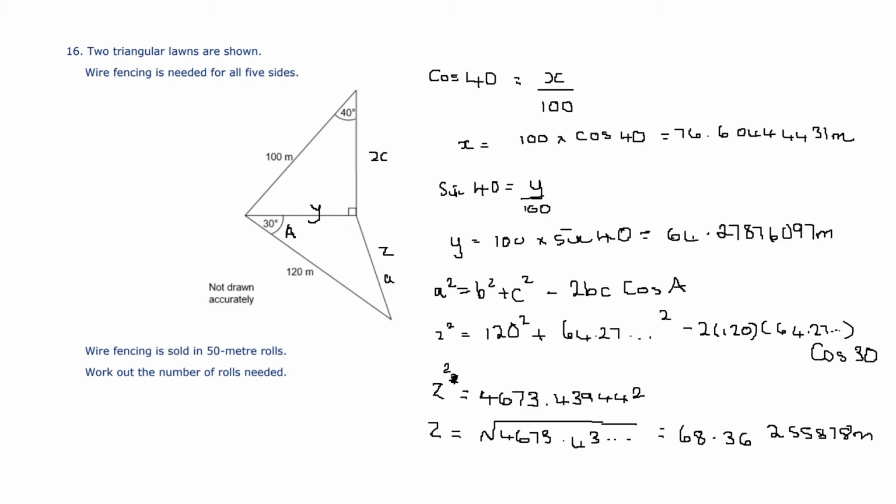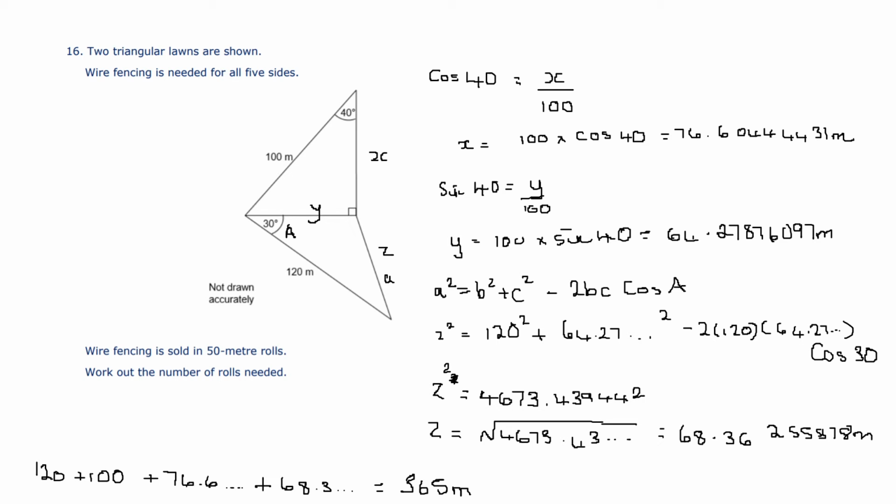Right, so we figured out Z and X. Now we need to work out the perimeter of the whole lawn. So we're going to have 120 plus 100 plus X, which is 76.6, plus Z, which is 68.3, and that will give us 365 metres approximately.